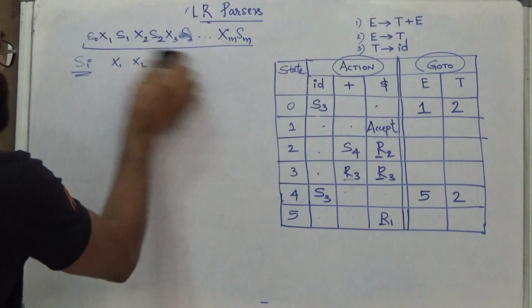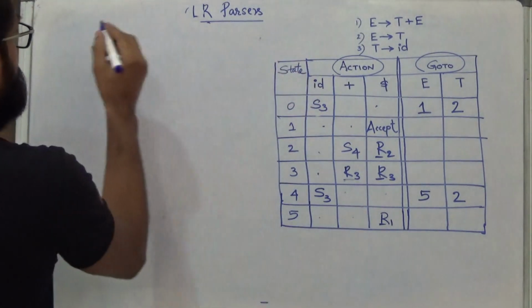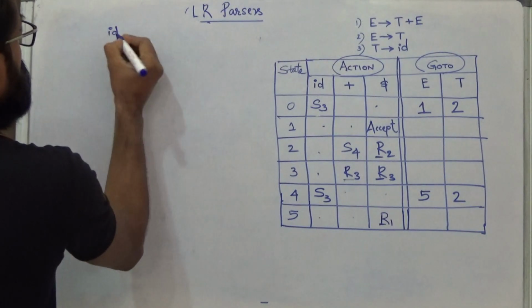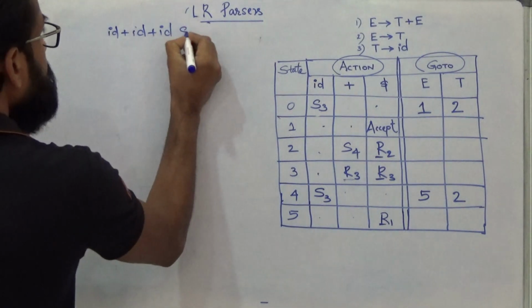Now, let us consider a string that is derivable from this grammar. Let it be id plus id dollar.